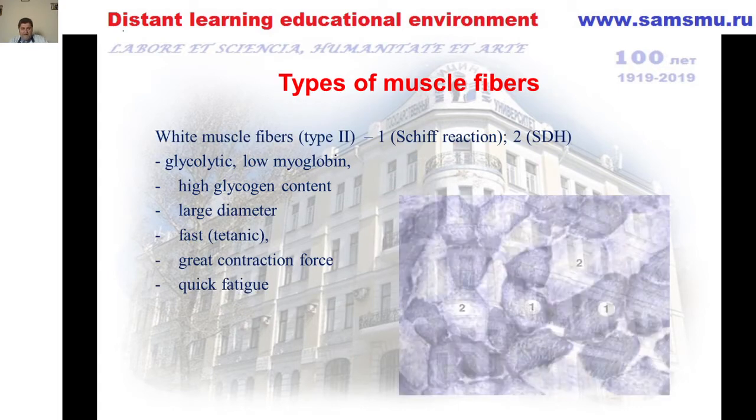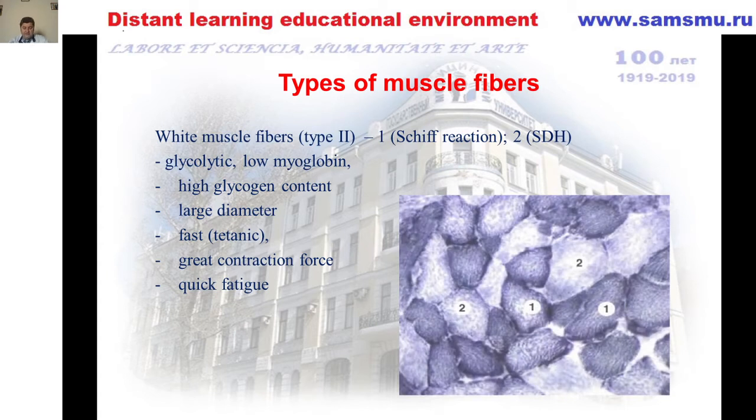Fibers type 2. White, glycolytic, characterized by relatively low content of myoglobin and high glycogen. They have a larger diameter, fast, tetanic, with a great force of contraction, and quickly get tired.